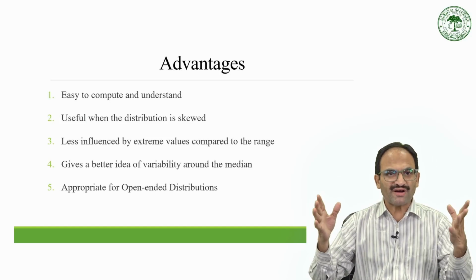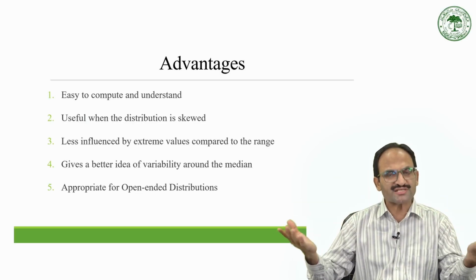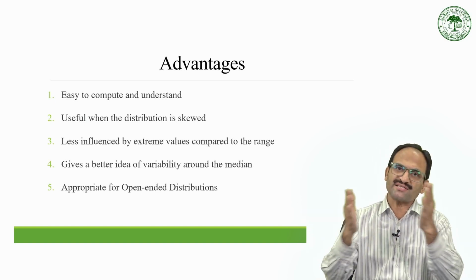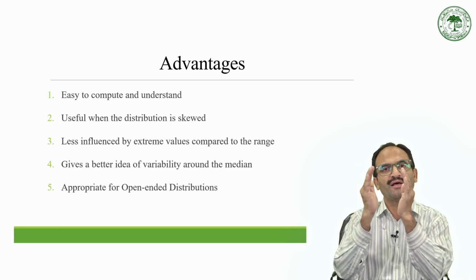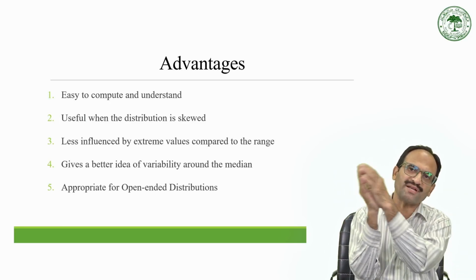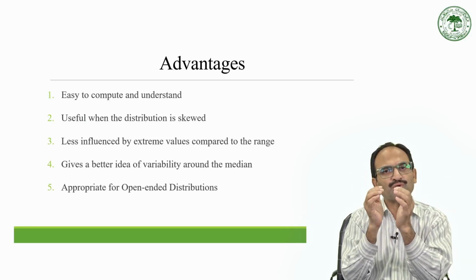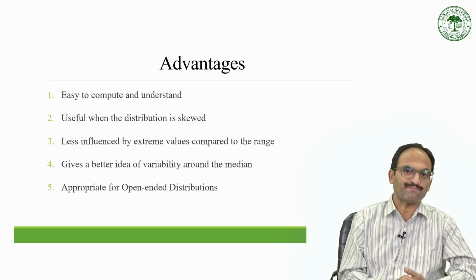The biggest advantage is that it's easy to compute, easy to understand, easy to interpret, because you just have to arrange the data in ascending order and calculate the median for the whole data, the lower part, and the upper part. So calculation in comparison to other measures of variability is relatively easy.